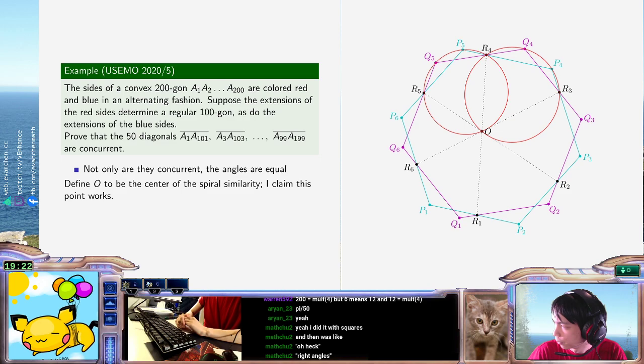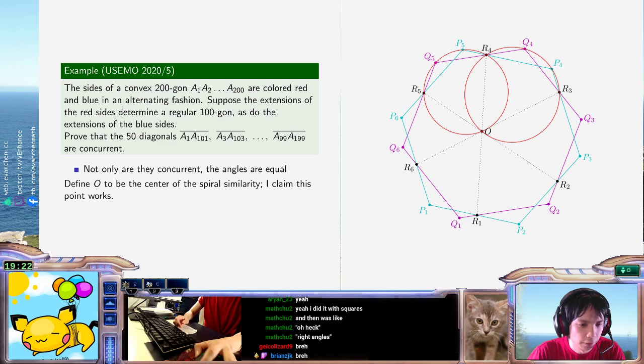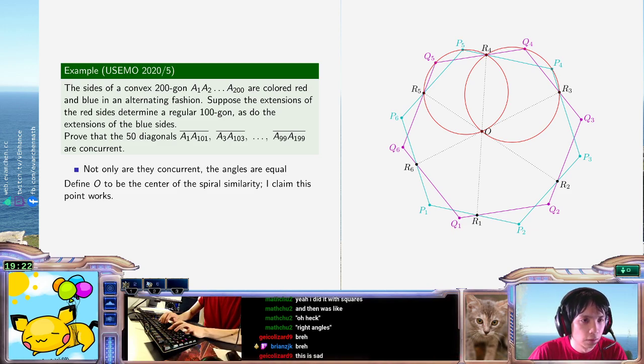So there. And now this angle is 180 minus this angle, and this is the angle in a regular polygon. So, the end.